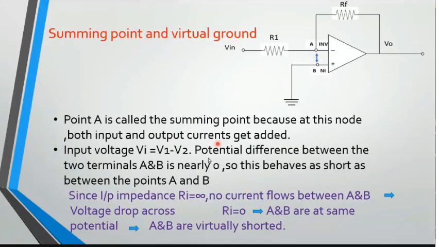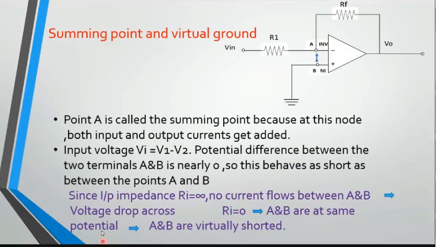The input voltage VI equals V1 minus V2. This potential difference between these two is nearly zero. Why is it zero? As I told you, because there is no current. So the potential difference will be zero, and that is why this behaves as a short.